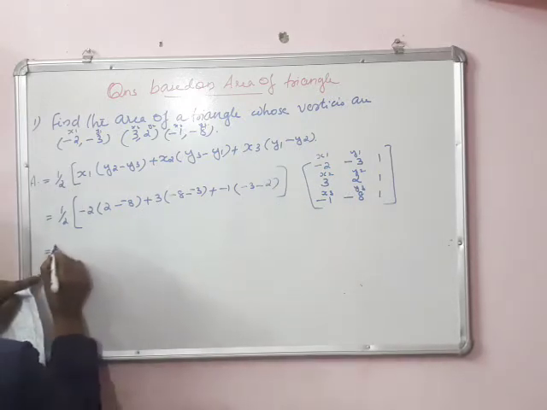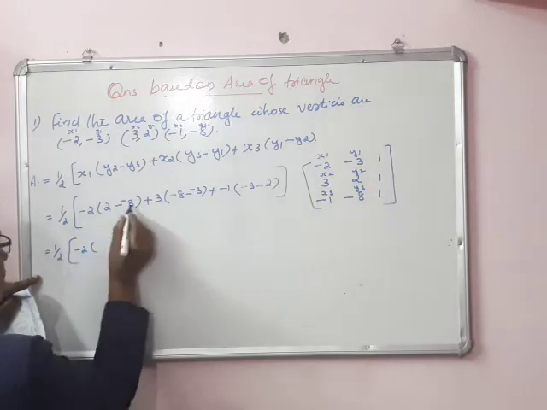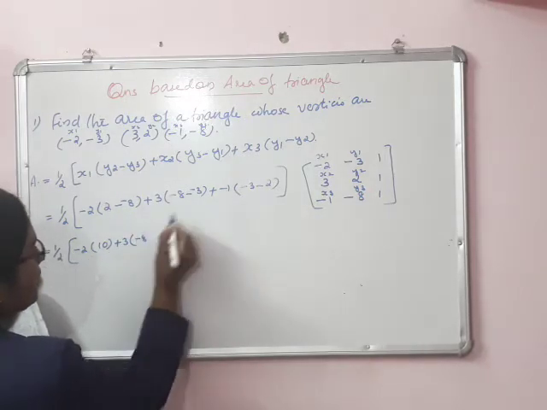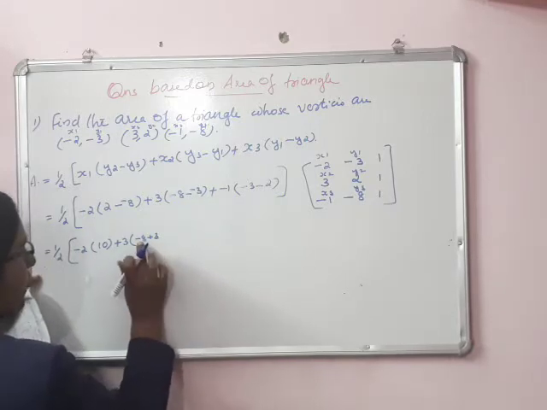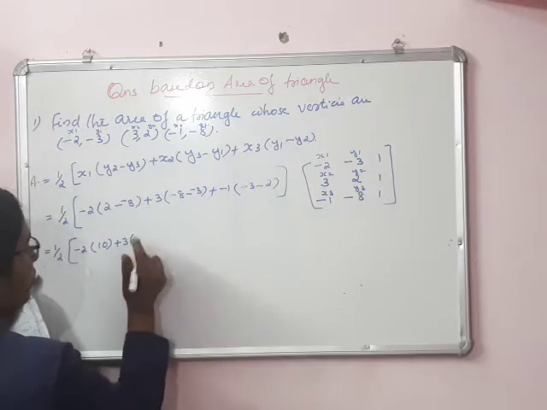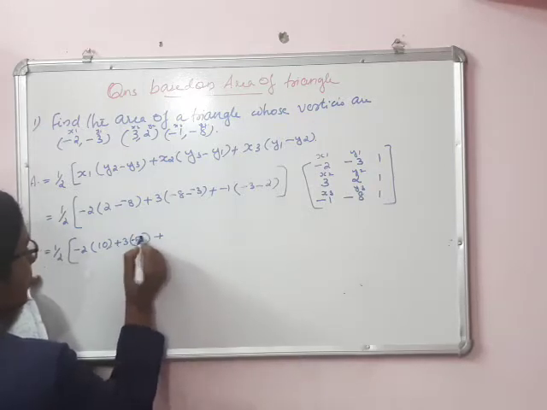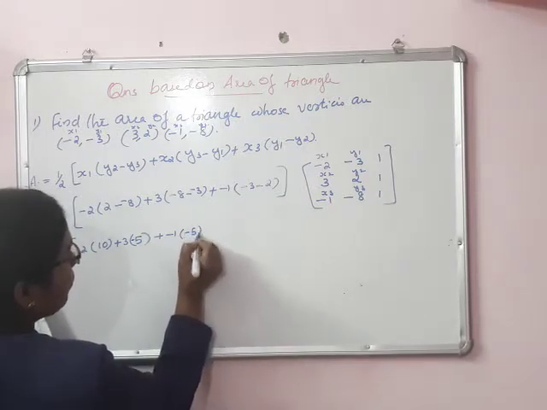That is equal to half into minus 2 into 10 plus 3 into minus 8 plus 3, that is minus 5, plus minus 1 into minus 5.